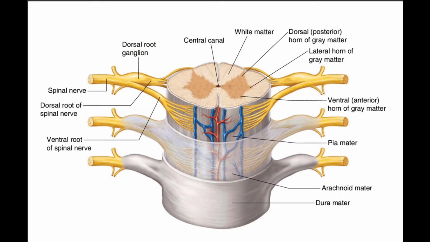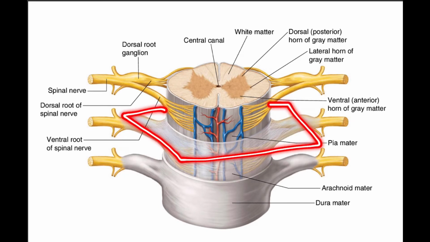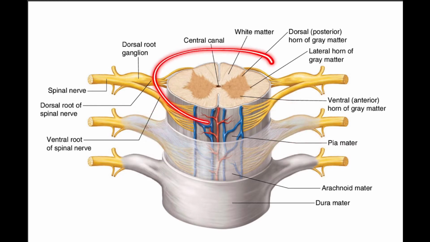Here we have a structure of a section of the spinal cord. If we cut the spinal cord in this section, we will have this section of the spinal cord. Before moving on, let me explain the parts of the spinal cord. We have the dorsal horn, lateral horn, anterior horn.